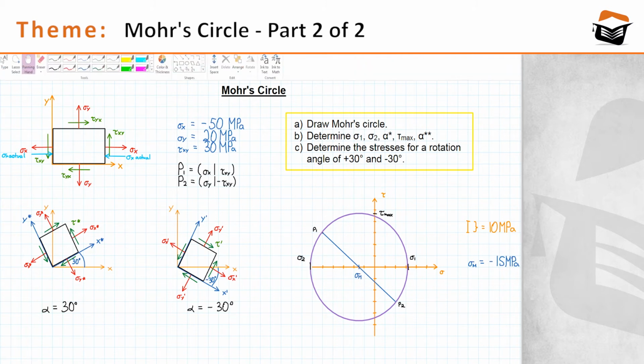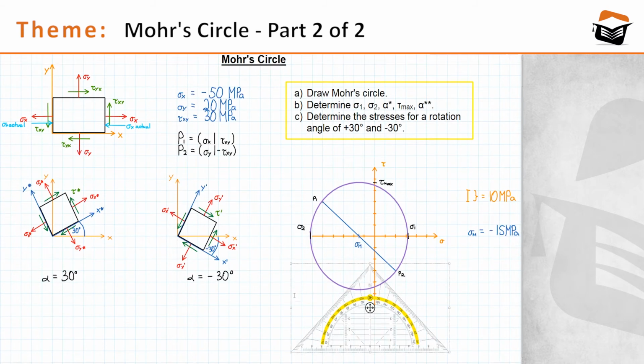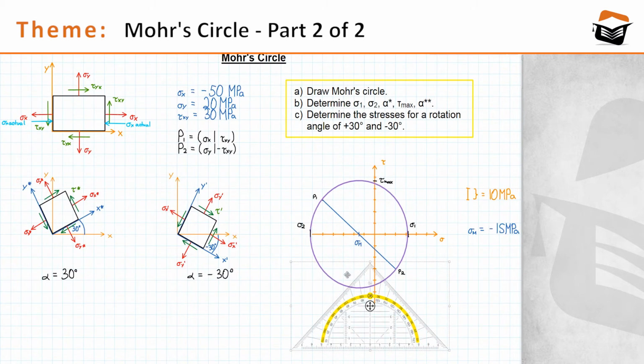This time, I have a protractor that I can use to measure the angles. I'm gonna place the protractor so that 0 is right on sigma m.